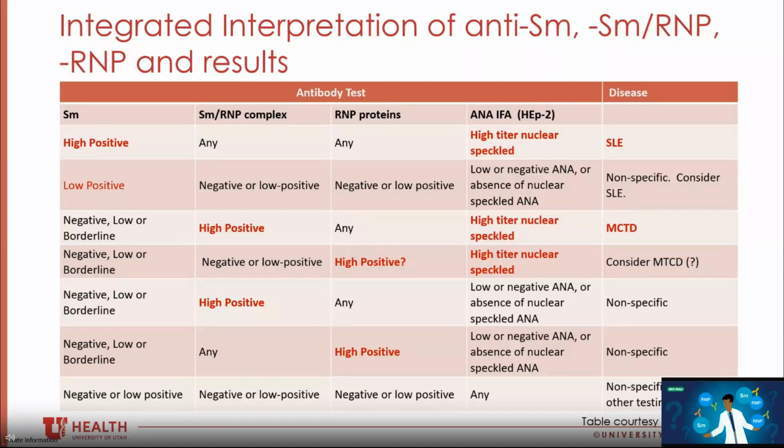Whereas the lack of a high titer speckled ANA would change the interpretation to a non-mixed connective tissue disease specific finding.